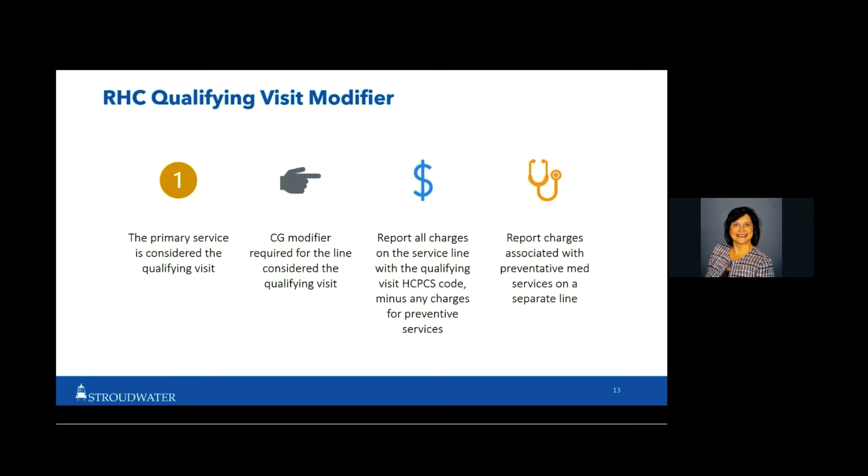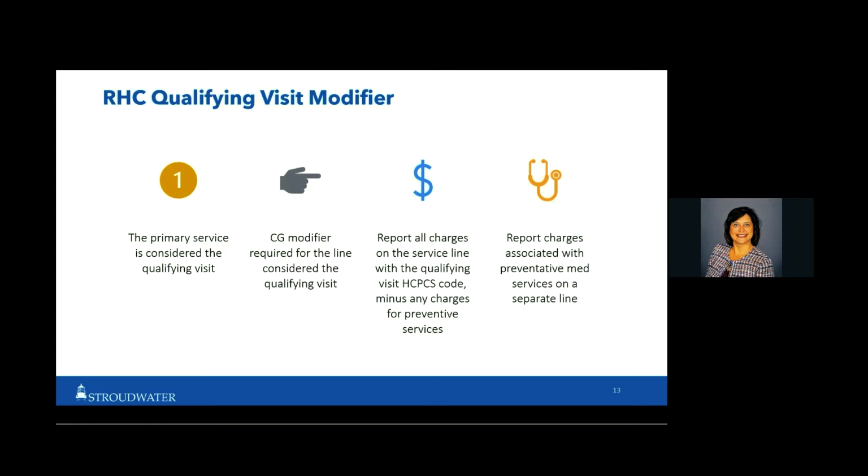And you report all charges on the service line with the qualifying visit for the CPT code, excluding any preventative services. And you put the preventative services on a separate line. The reason you put the preventative services on a separate line is because, one, it's required by Medicare, but two, it's beneficial to your Medicare patient, because your Medicare patient doesn't have to pay a copay or deductible on preventative services, but they will have to pay it for the qualifying visit services.